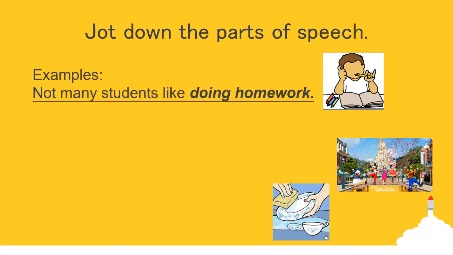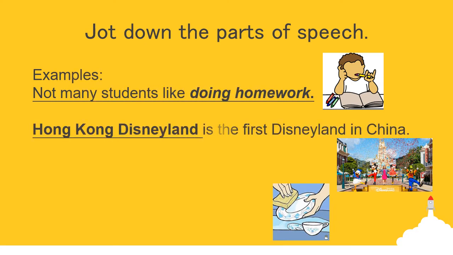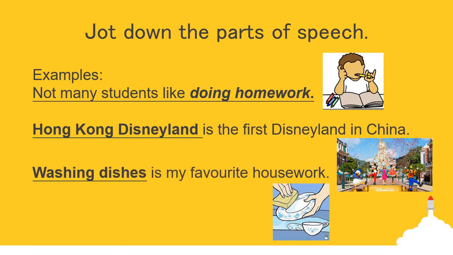Now I'm going to take a look at noun phrases in actual sentences with you. In the first example sentence, you can see a noun phrase, doing homework. In this noun phrase, there is a gerund and a noun. In the second example sentence, you can see Hong Kong Disneyland.